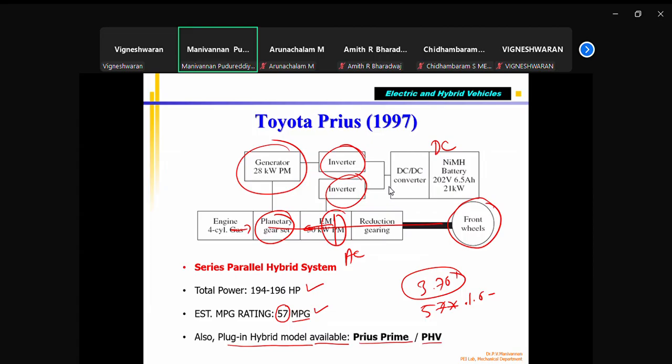Both motors are synchronous AC motors, and the battery pack is DC. So the DC voltage should be converted to AC, and the voltage can be increased. This is 200 volts. They have not mentioned the voltage rating of these motors, perhaps 400 volts, 600 volts, 300. So the appropriate voltage will be converted to AC and given to the wheels.